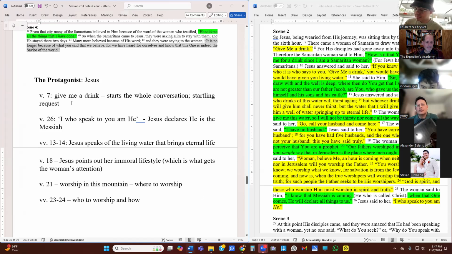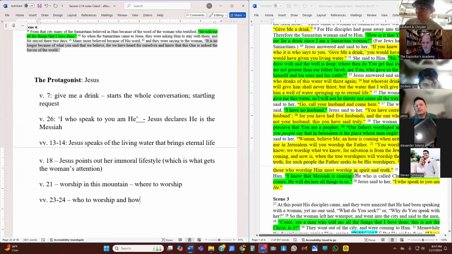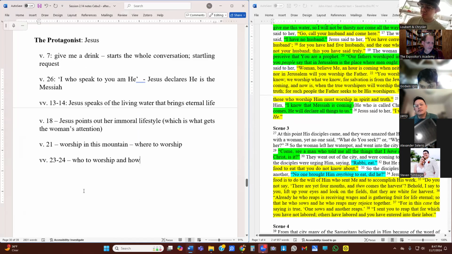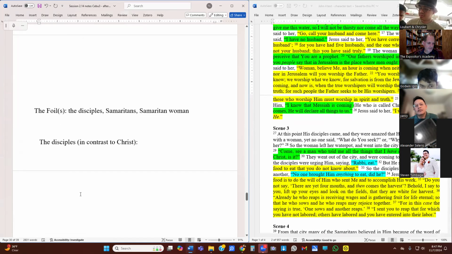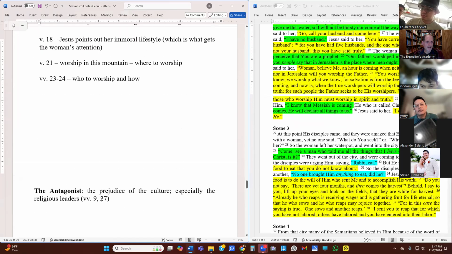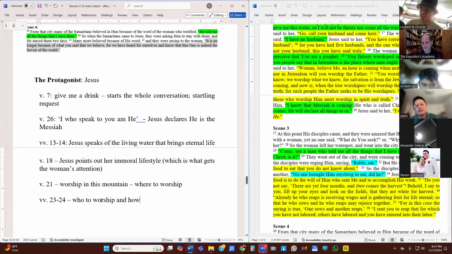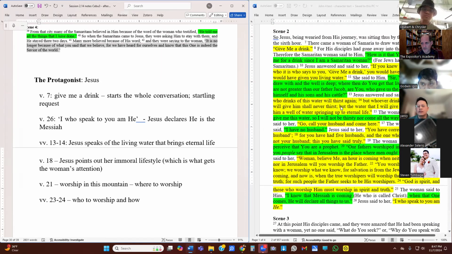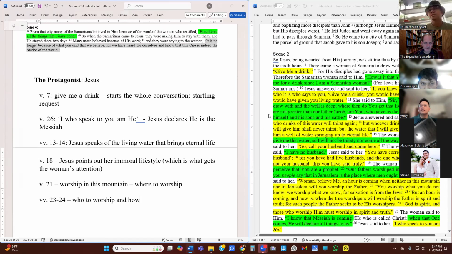All right, so going through the text, there are some more key comments. Did I put them down here? I don't think I did. I'll provide them in the notes. But you just go through and focus on what Jesus said or did that's significant in the story.